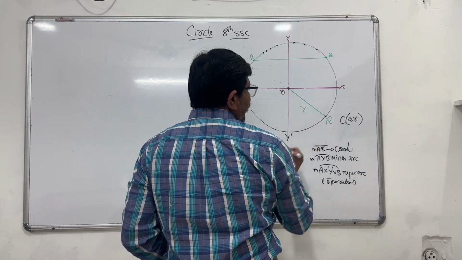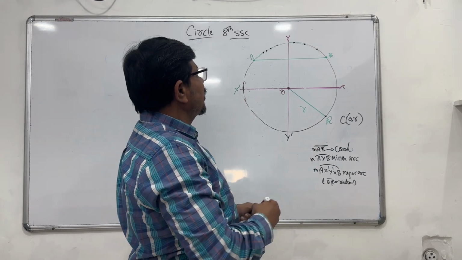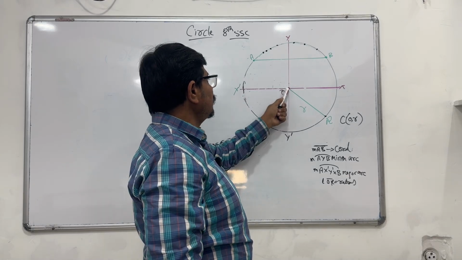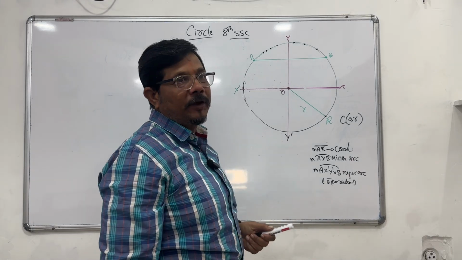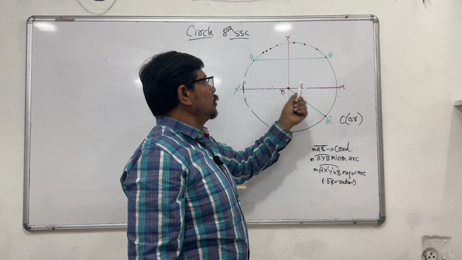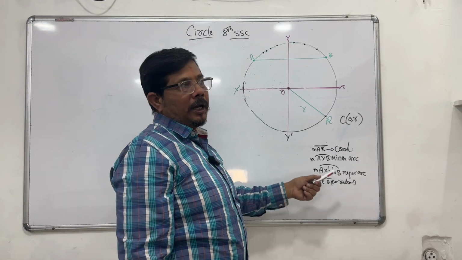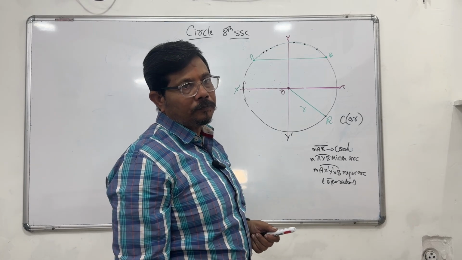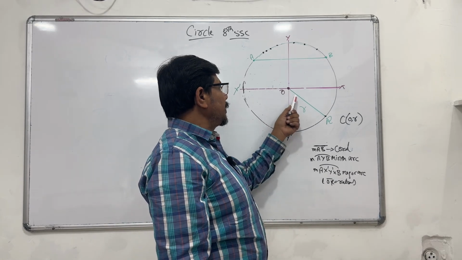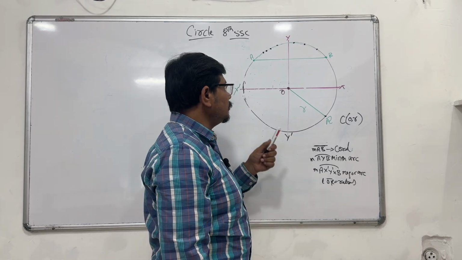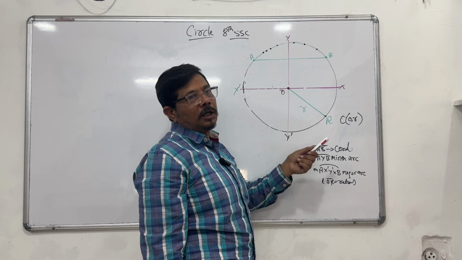equidistant from a fixed point, means all these points have equal distance from a fixed point. That fixed point is called center. The locus of all points equidistant from the center O, and this distance is called the radius of the circle, from center to the circumference.